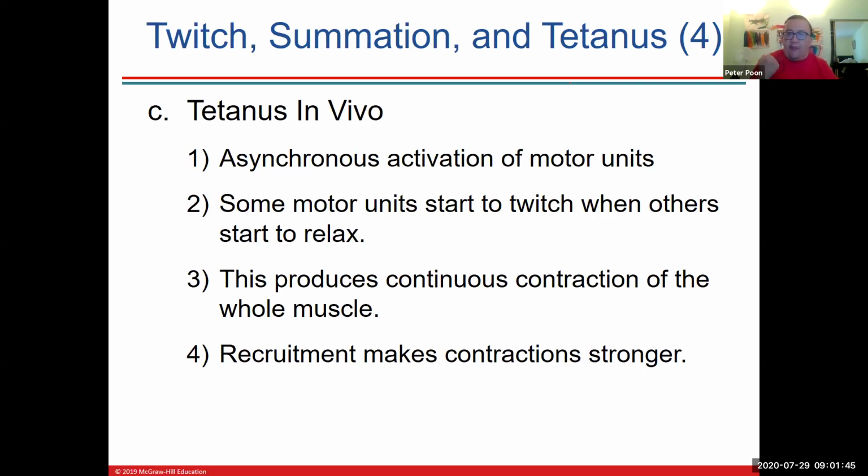What happens is I keep switching motor units, and I keep that contraction. So all the motor units have some time to relax and contract, and some time to relax and contract. That way, I can keep up for a long period of time.